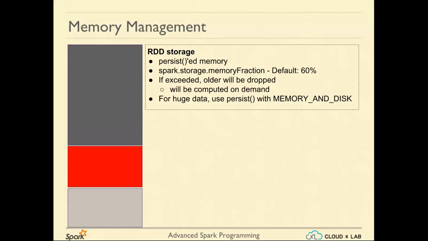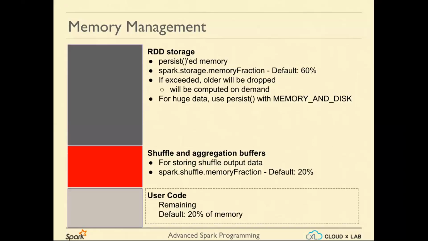If Spark is not able to fit the data in the memory, the exceeded partitions or the older partitions will be dropped and will be computed on demand. So whenever you're persisting, if the data is huge, use memory and disk.